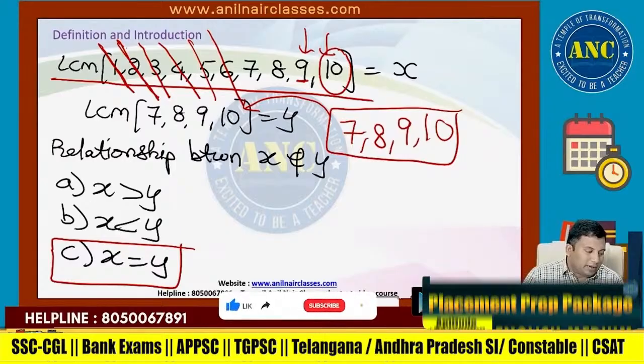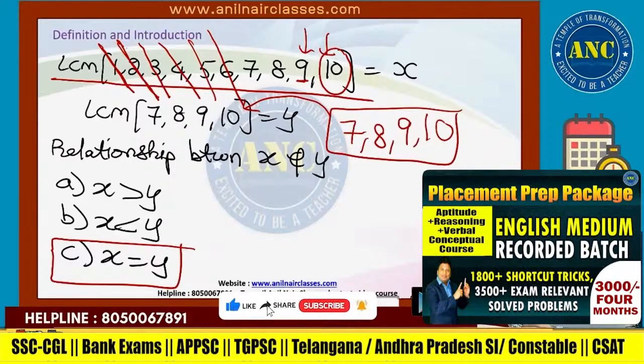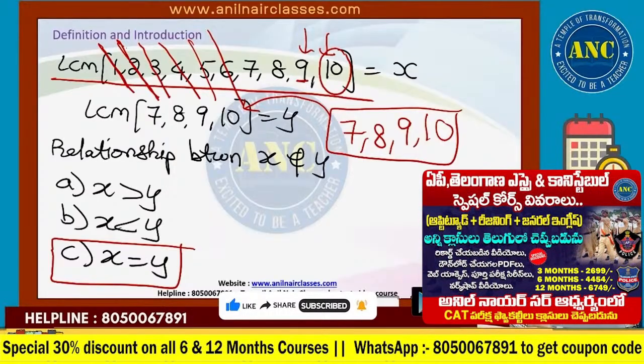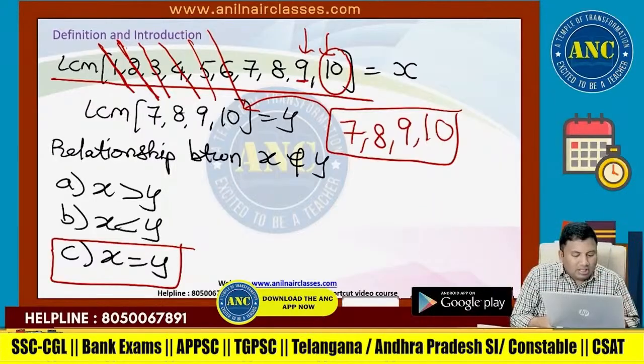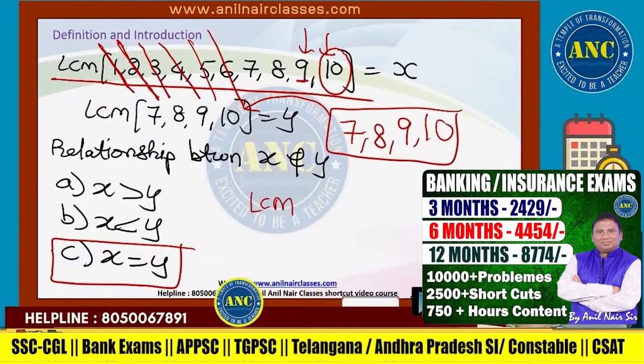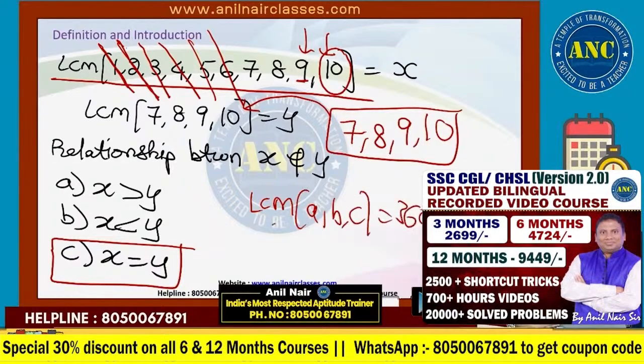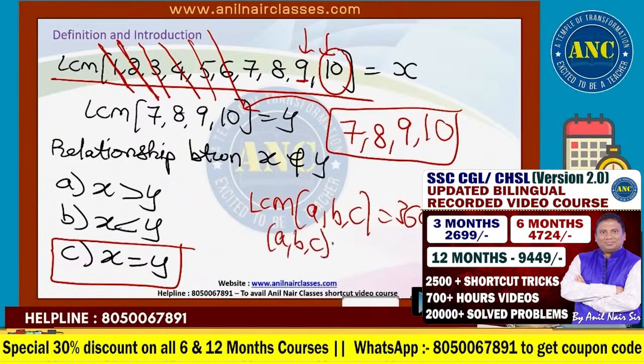Again, my sincere suggestion to each one of you: unless it is mentioned, you don't need to answer. If you are answering, please try to solve this: LCM of A, B, C equivalent to 360. How many values will A, B, C take satisfying this?